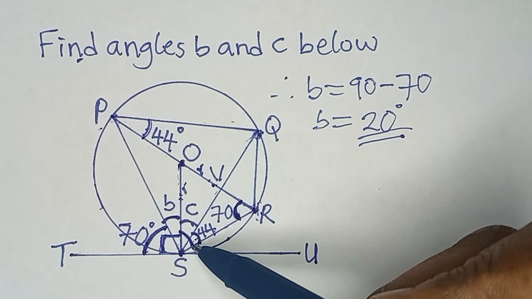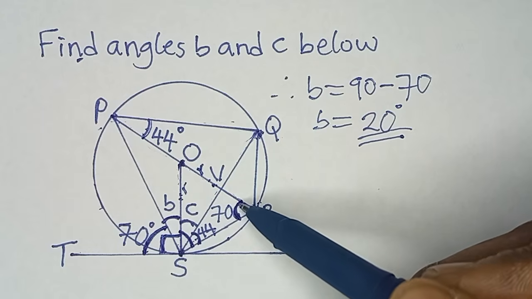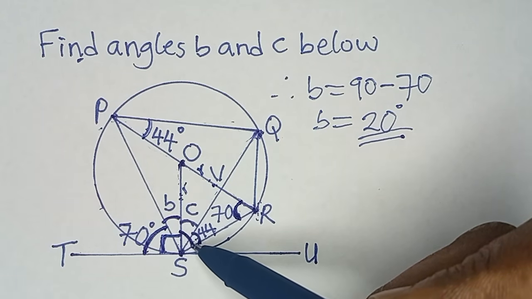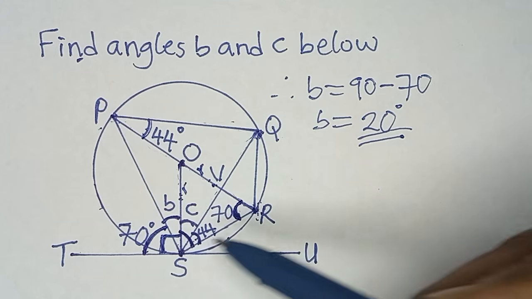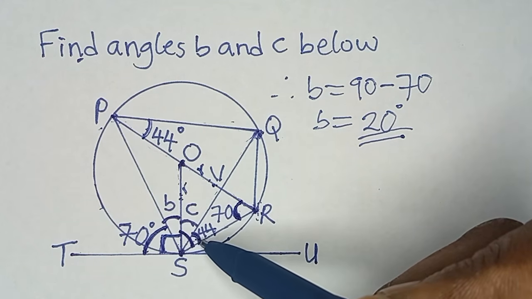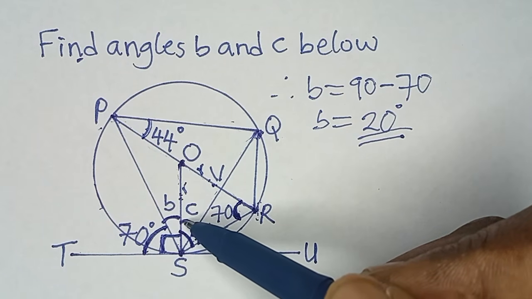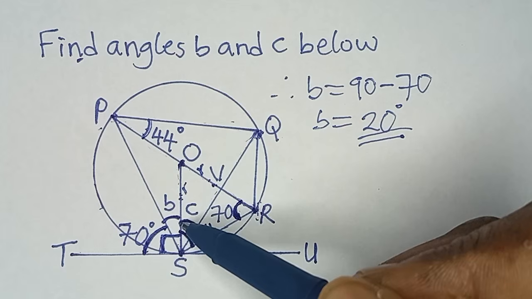The base angles will also be equal. So if this is 70 degrees, then this second base angle will also be 70 degrees. But out of the 70 degrees, we know a portion of it as 44 degrees, and the second portion is C that we are looking for.